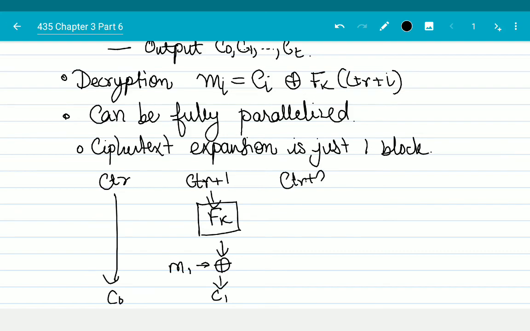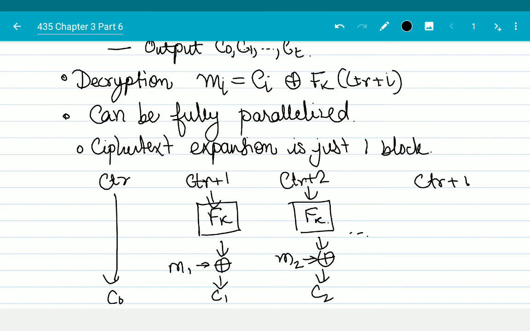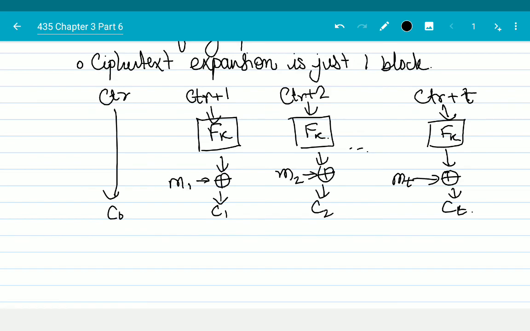CTR plus 2, hit it with FK, XOR with message M2, get C2, dot dot dot, CTR plus T, hit it with FK, XOR with MT, get CT.